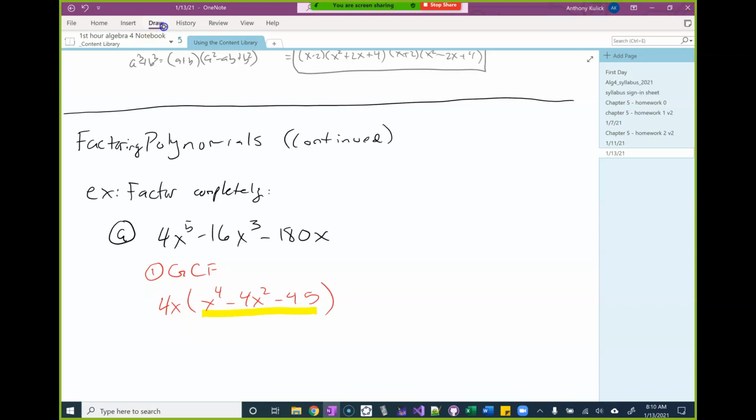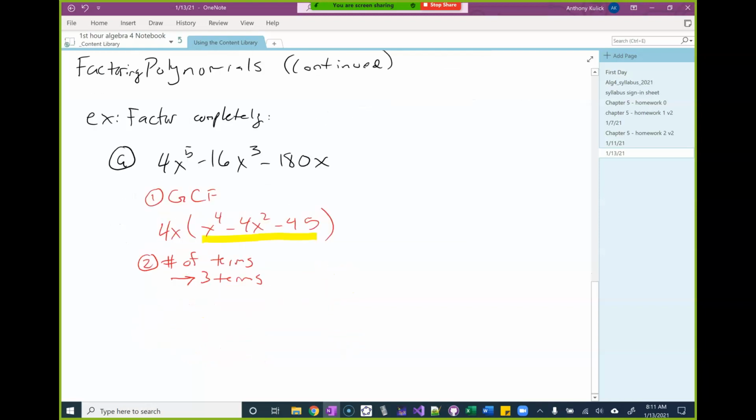So the next thing that I'm going to look for is the number of terms. In this case, we have 3 terms. And after we look at the number, since it's got 3 terms, we're going to look at whether it's in the quadratic form.